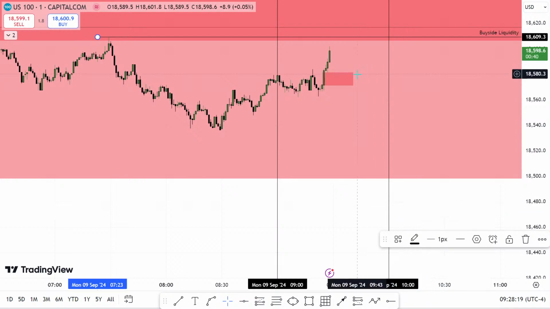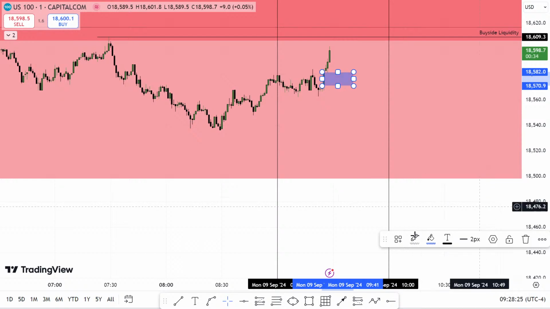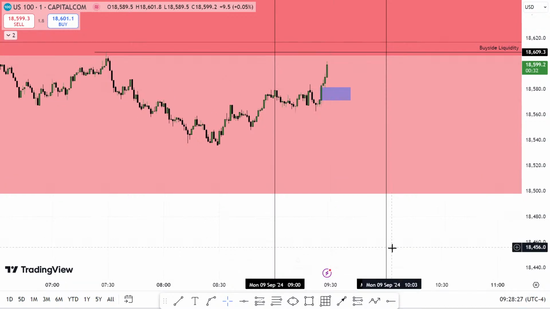Buy side, and this bullish fair value gap right here. Let me change the color to blue. We have that trading here.